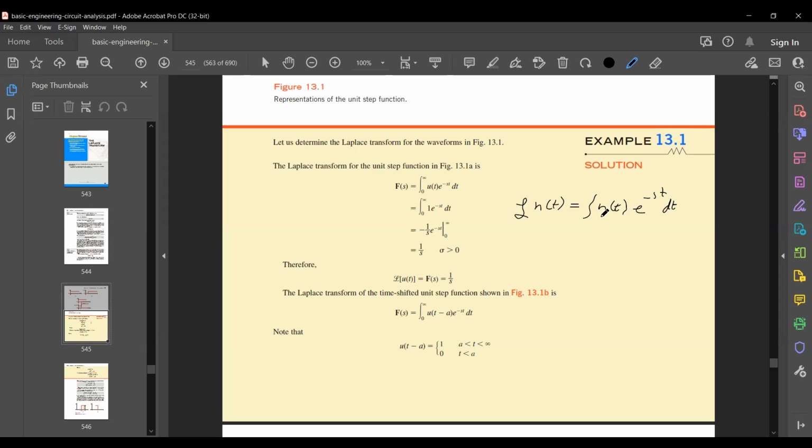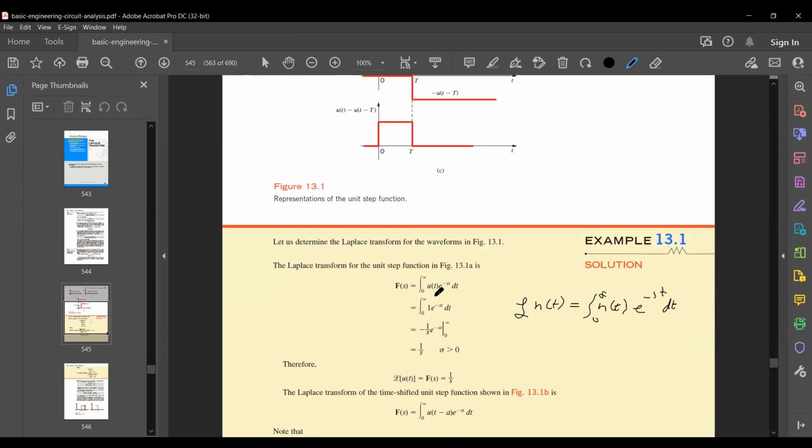This is our definition of the Laplace transform, with limits from 0 to infinity. With this, we can now evaluate the value of u(t).